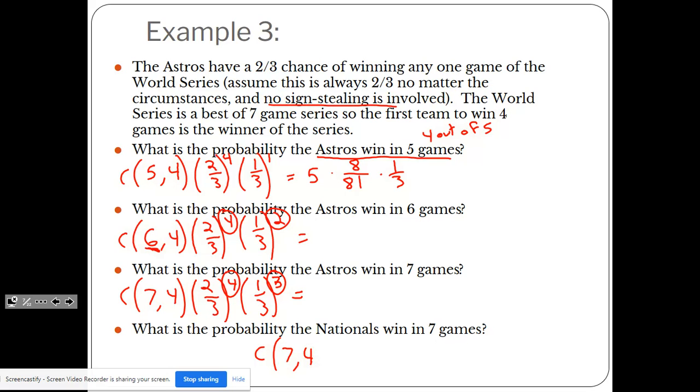So 4 successes for the Nationals. What changes here is my probability of success. Since the Astros were 2/3, the Nationals would only have a 1/3 chance of winning, so that makes this 1/3 to the 4th. The probability of the Nationals losing was 2/3, that'd be to the 3rd. Okay, and there it is.